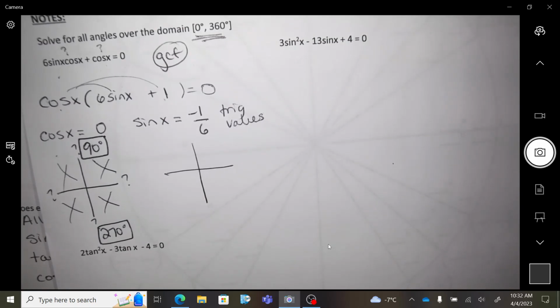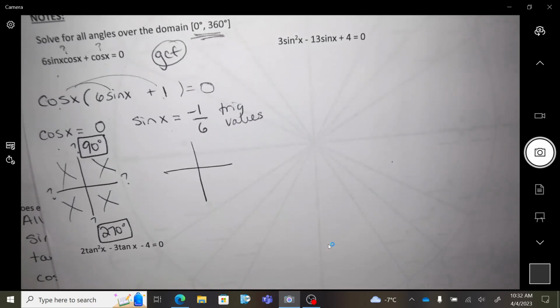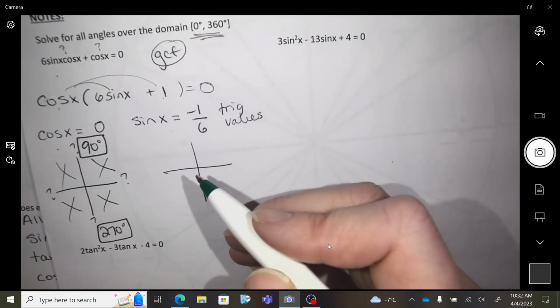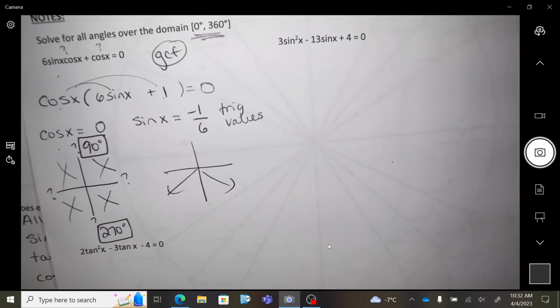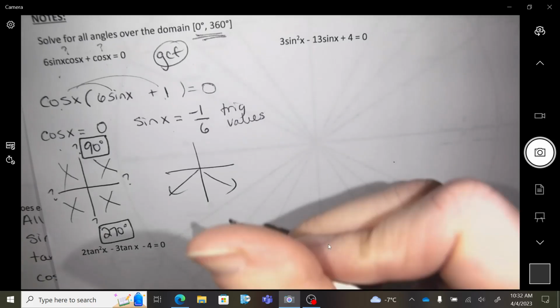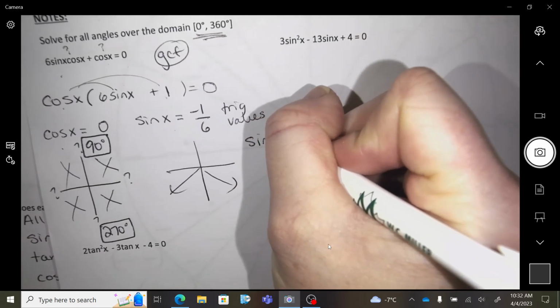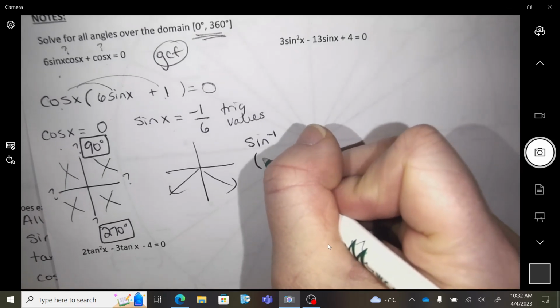Okay, where are you with this one? Sine came out to be a negative trig value. Quadrants. Got it memorized? Bottoms. Quadrants. Now you're going to have to do reference. So inverse. What do you know?